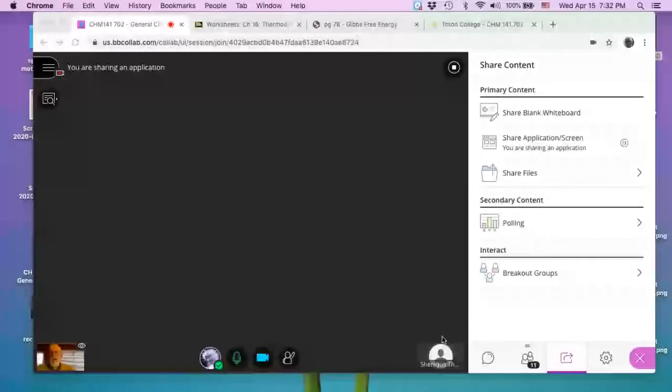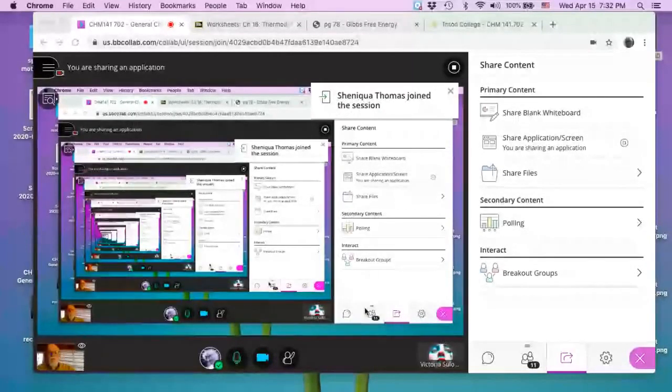Okay, that didn't work. Let's try it one more time. Okay, I don't see it sharing my screen, so I'll just have to tell you. Of course, the actual, oh, there we go.